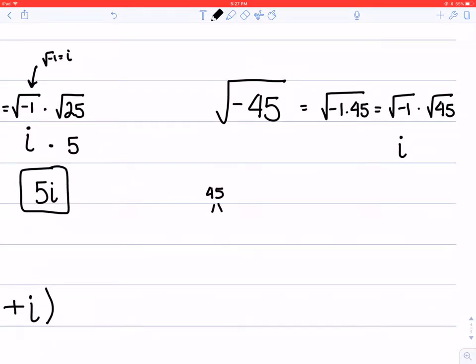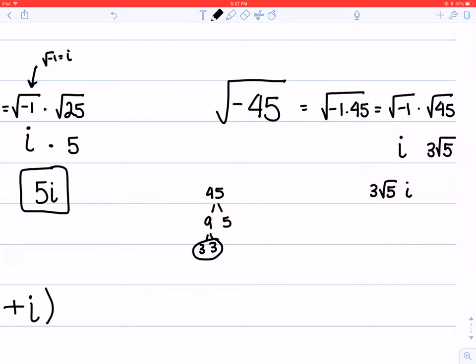So I'll break it up into 9 and 5, 3 and 3. I have a 3 coming out and a 5 left behind. Now, just like before I wrote it as 5i, looks a little different, but I'm going to write the whole part, the numbers, if you will, in front of the i. So I'll have 3 square root of 5 i.